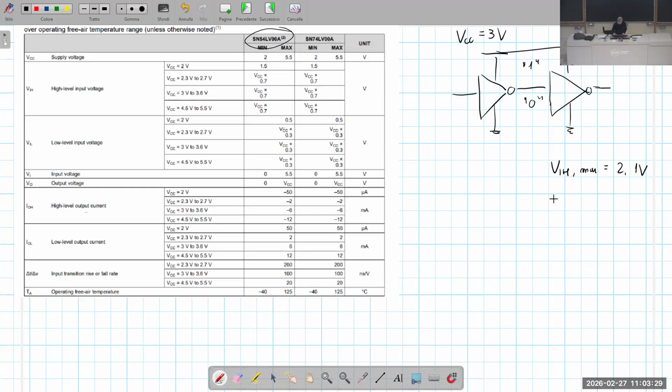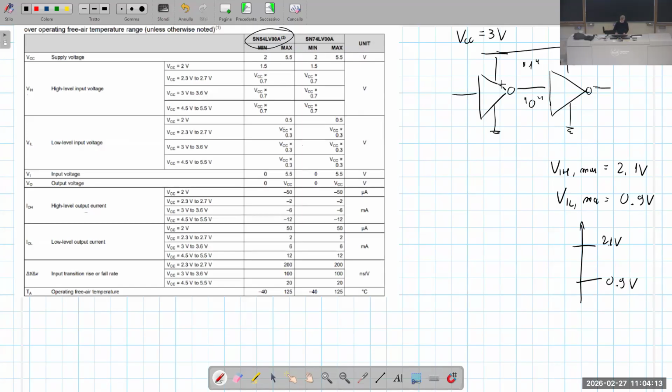At the low level, we have VIL maximum at 3 volt VCC is 0.3 times VCC, so it's 0.9 volt. So it means that this digital input interprets as high level any voltage above 2.1 volt, while it interprets as a low logic level any voltage below 0.9 volts.